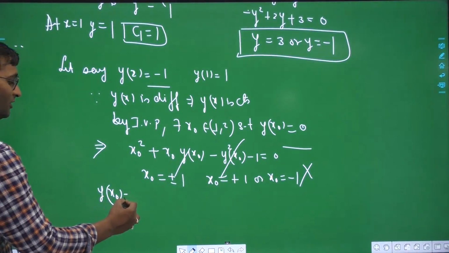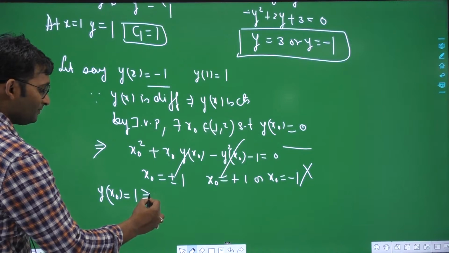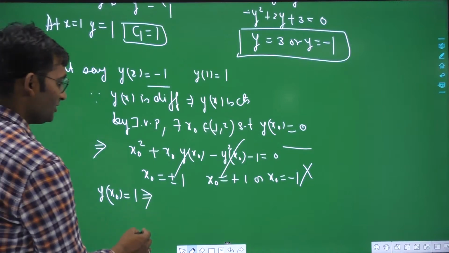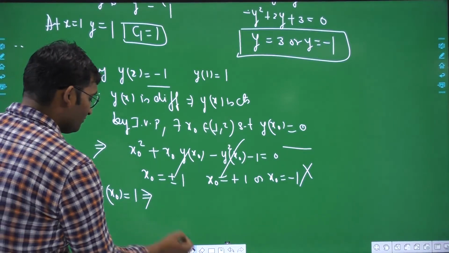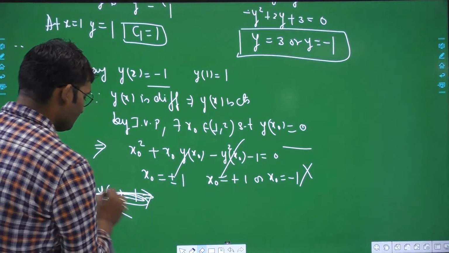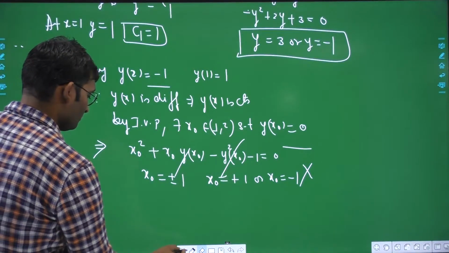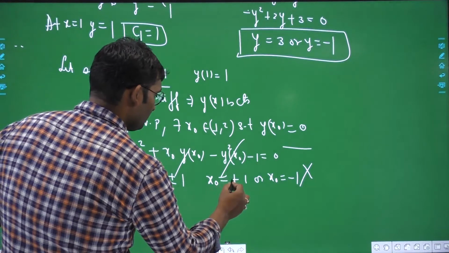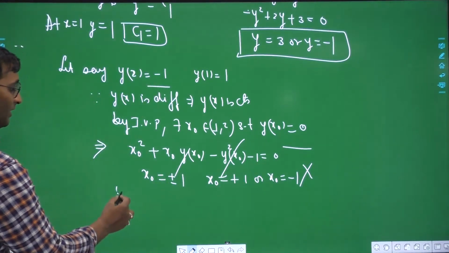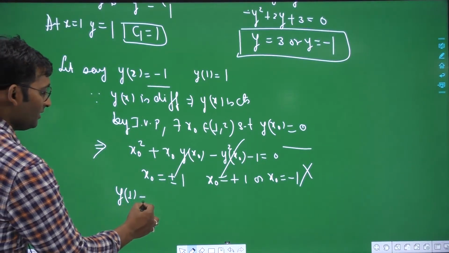Now if x naught is 1, then y(1) is equal to 0.